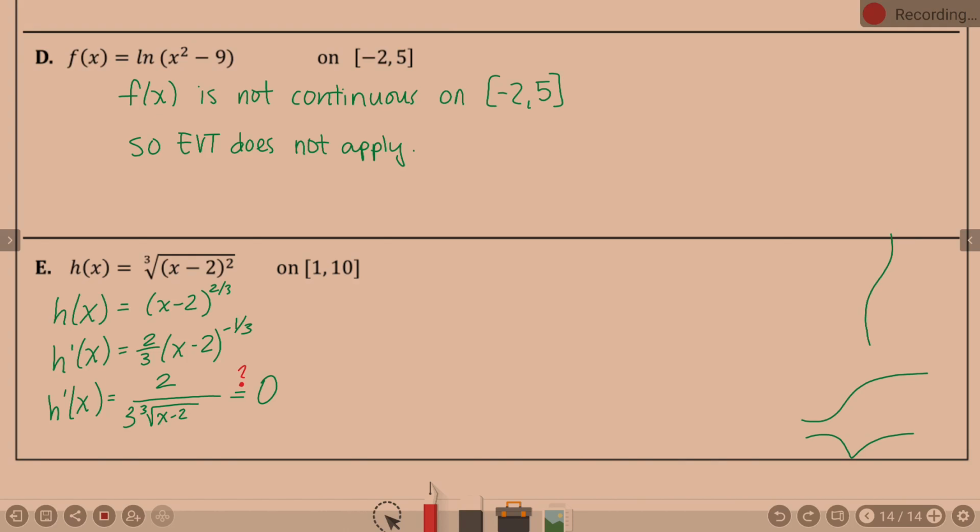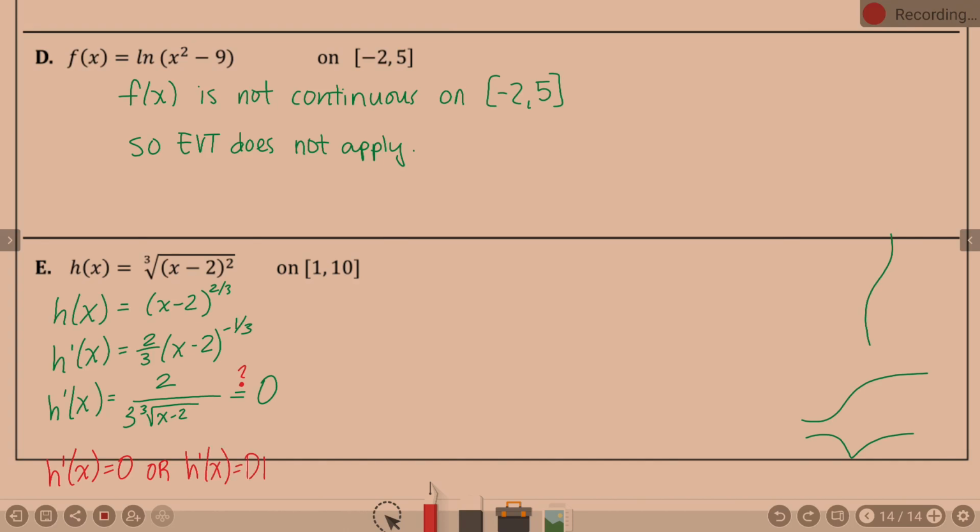But keep in mind, our critical value theorem: when the derivative equals 0, or when the derivative is undefined. So when the numerator equals 0 would make the derivative equal 0. That's not happening. But we also need to talk about when it doesn't exist. So we're looking at when the derivative equals 0, or when the derivative does not exist.